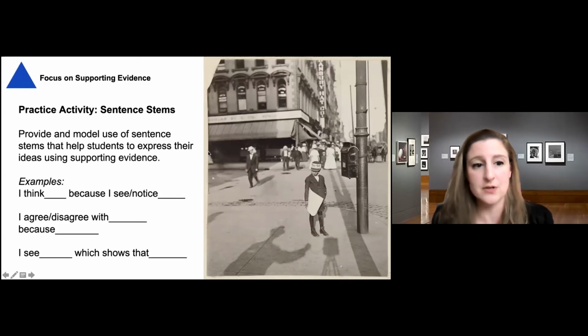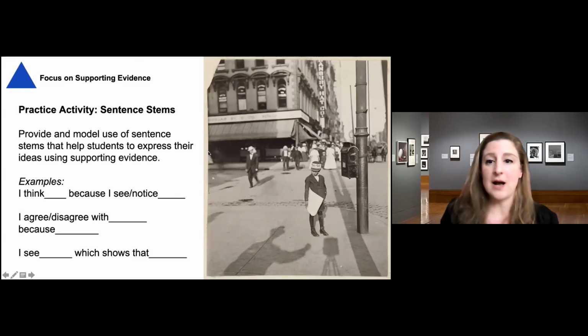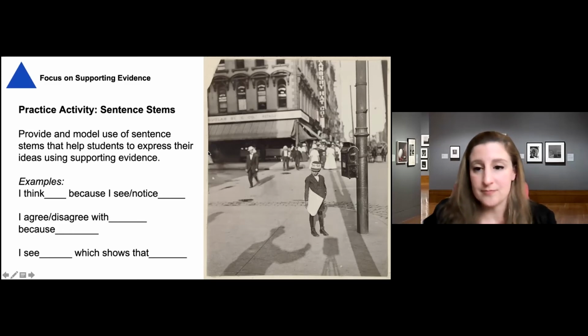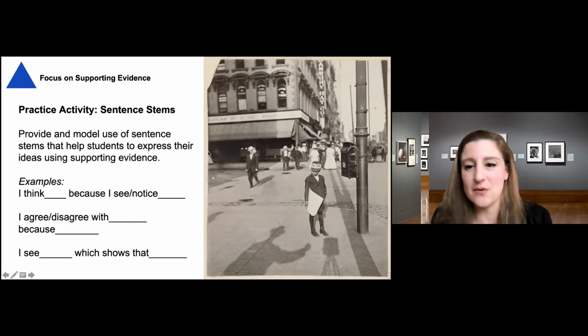Or I agree with the person sitting next to me that he's bored because he also has a stiff, bored stance. It doesn't look like he's playing or doing anything interesting.